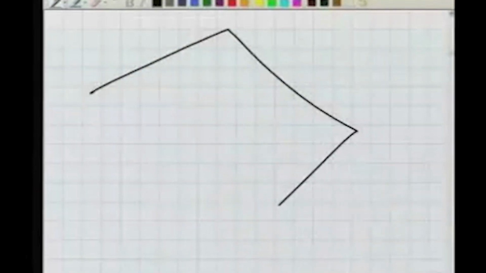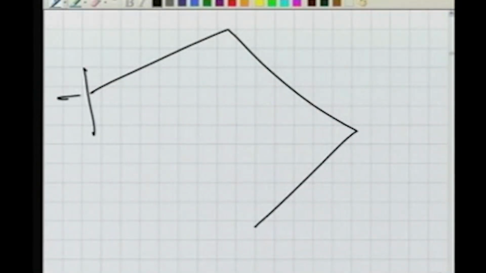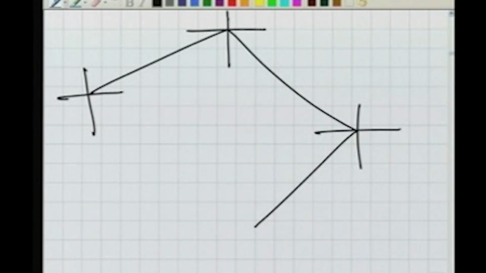How to find it? Let us say we have these three lines. We have taken the bearings in all the places, so we have the fore bearing and back bearing for each.